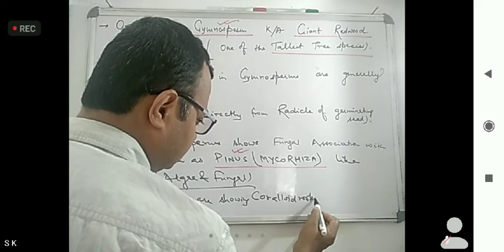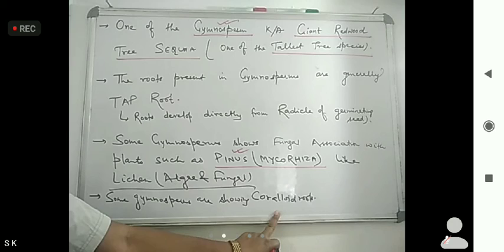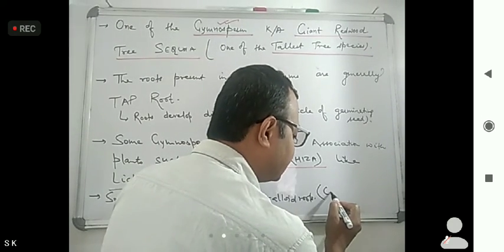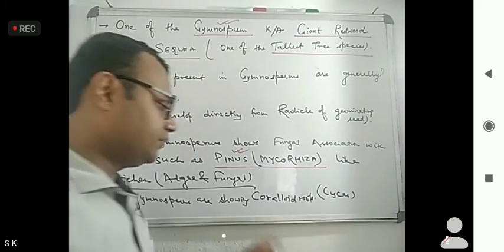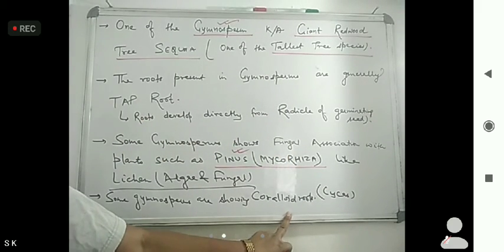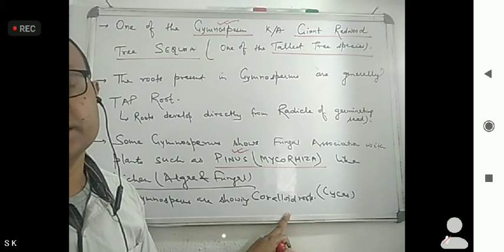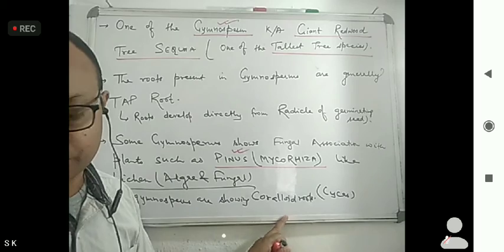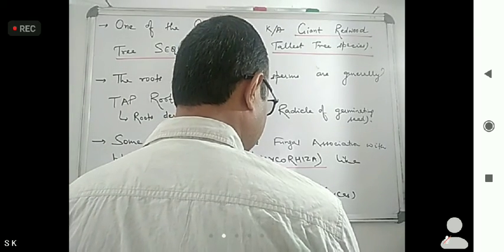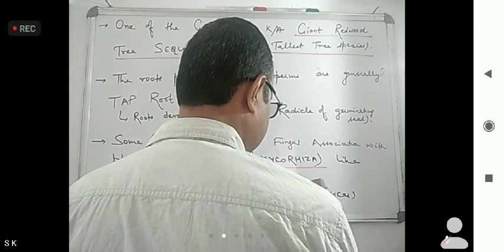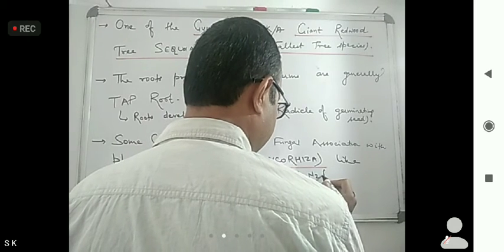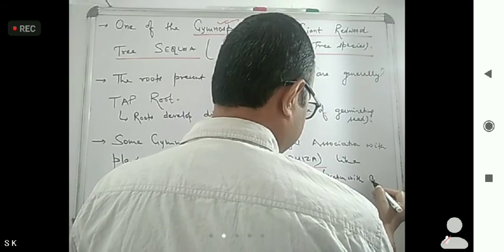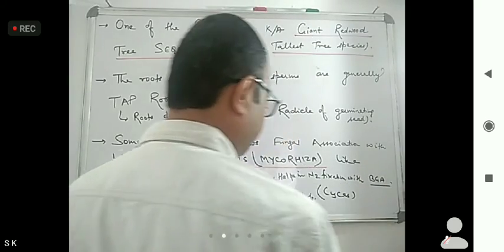Coralloid roots help in nitrogen fixation with blue-green algae or cyanobacteria.